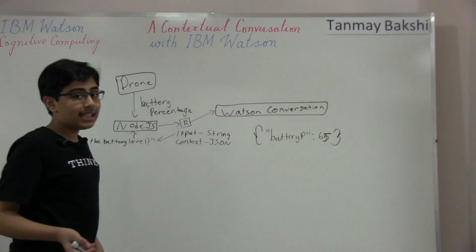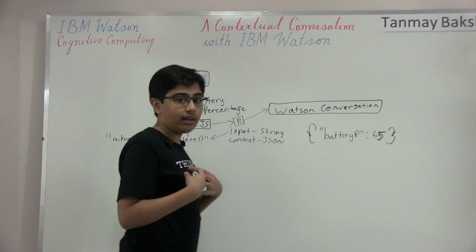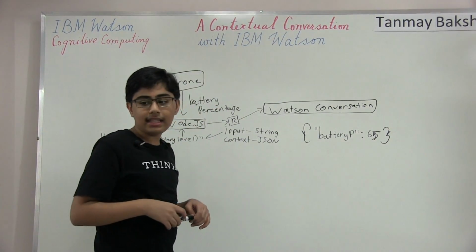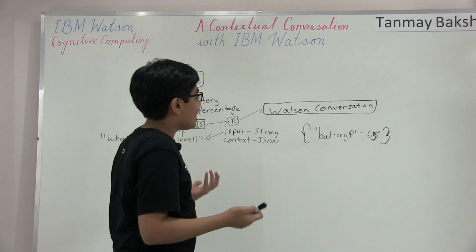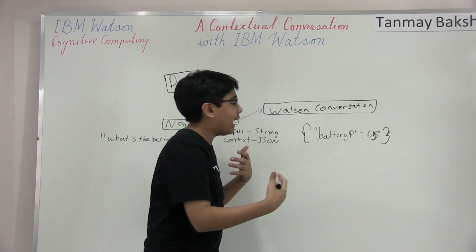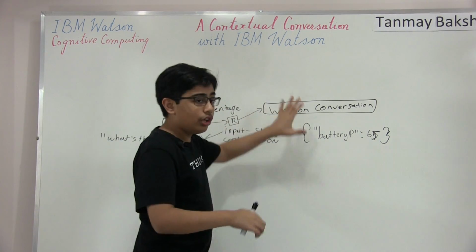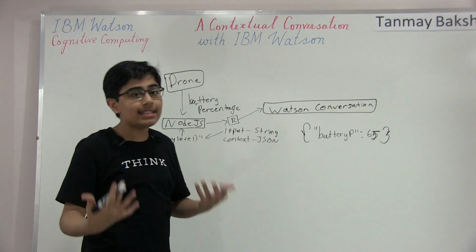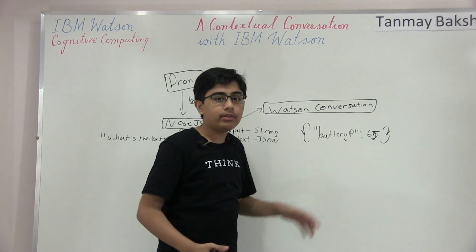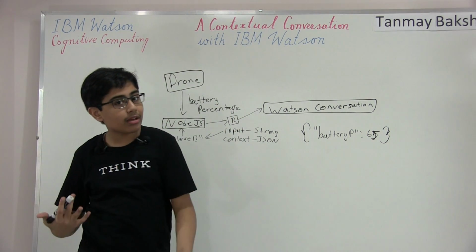And Watson conversation, like the dialogue that I've created here, what it does is, let's say it needs to find the battery percentage. It'll actually go through its context, and if it contains the battery P value, then it'll give a response that contains that battery P value.